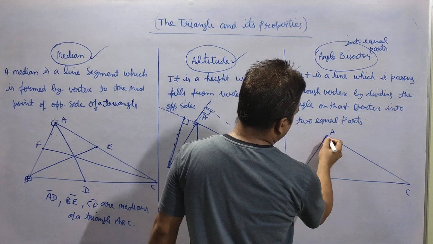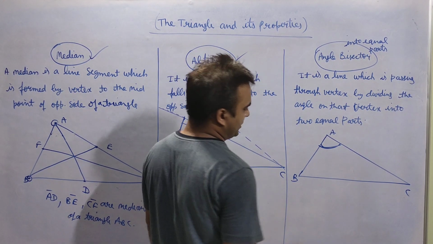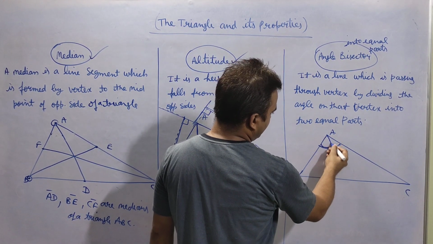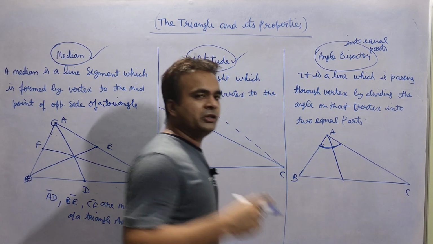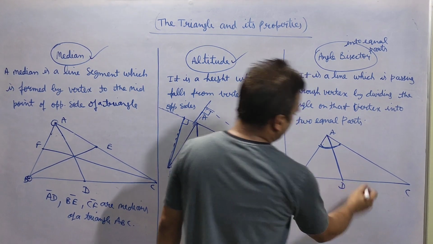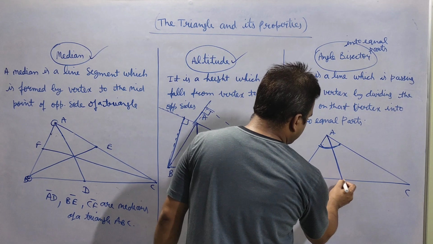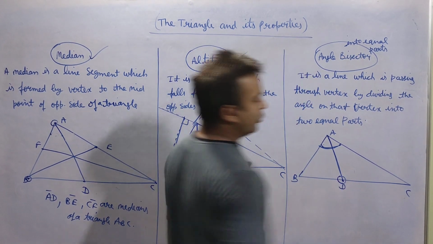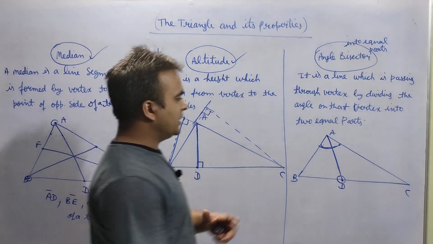So suppose this angle A, whatever it is, suppose I am drawing a line in such a way that this line divides this angle into two equal parts, then we will say that this particular line is the bisector. Now in this case we are not saying that this point can be a midpoint or that it is an altitude. We are not considering that here.